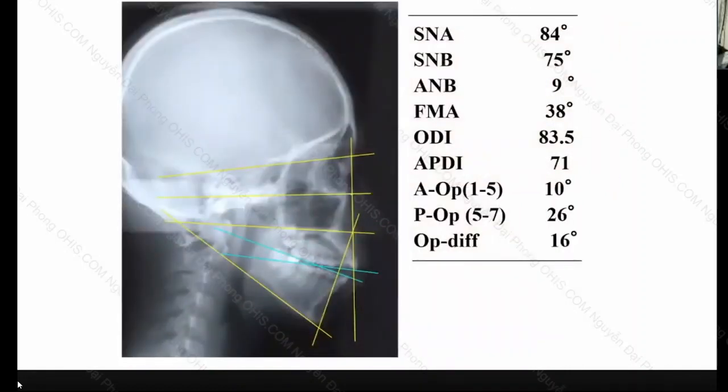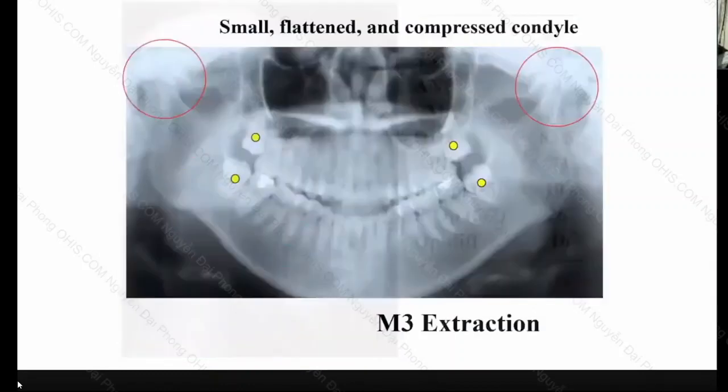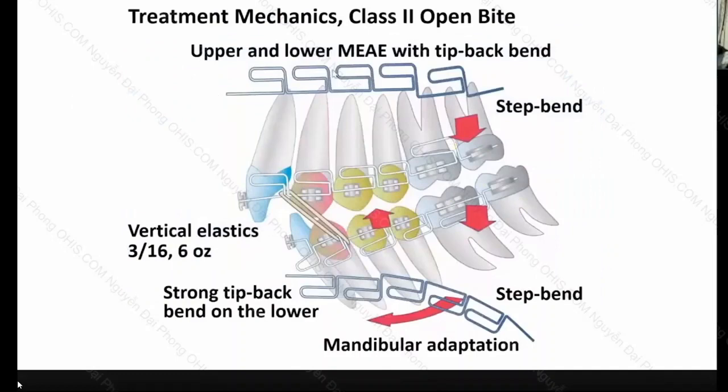Already the condyle is resorbed, a small condyle here. Of course, third molar extraction is necessary, and mechanics is almost the same as class 2 treatment: molar extrusion, premolar extrusion, uprighting, lower molar intrusion, something like this.